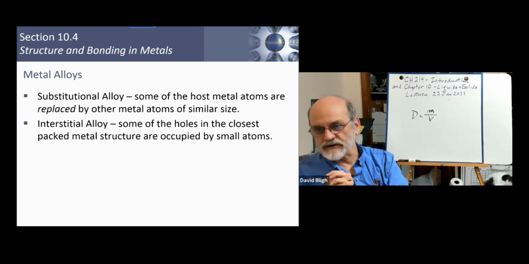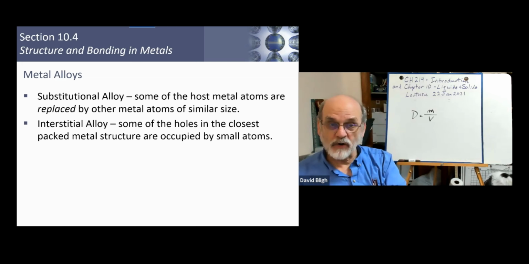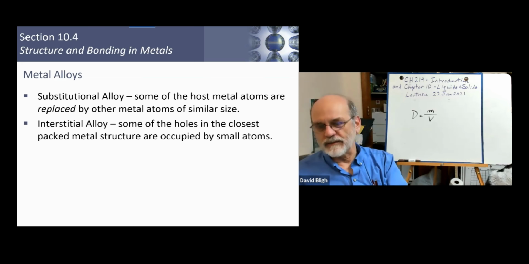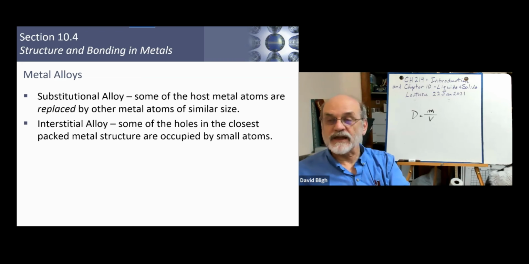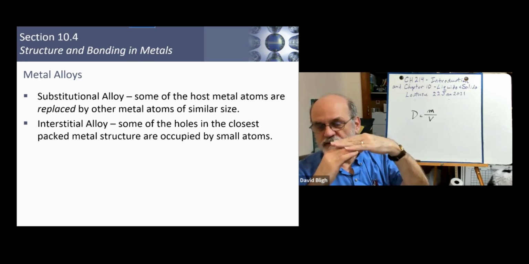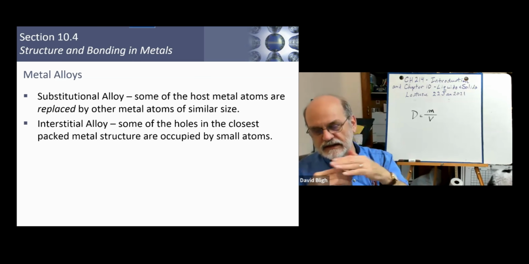We can put other things in there. In fact, you can make steel that's both interstitial and substitutional. So we put chromium in there in place of some of the iron. Originally, the first inventor of stainless steel put 35% chromium in. And now we find that 11% is plenty. And what happens is that chromium is much more reactive with oxygen than iron is. So what it does is it forms a skin right on the surface of the metal instantaneously, very thin.